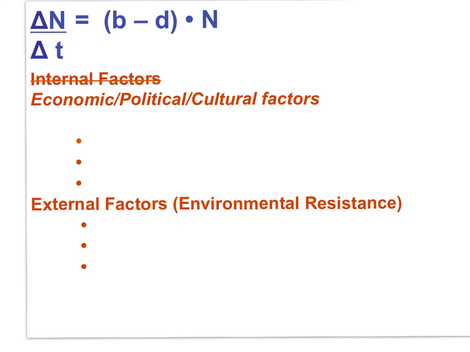The factors that influence the natural increase rate of human populations, particularly the birth rates, are far more complex than those that influence the natural increase rate of wild populations. In this slide, I've crossed out the biological factors, the internal factors, because clutch size and age of reproductive maturity are not very important in the growth of human populations, not nearly as important as the economic, political, and cultural factors that I've covered in the last 10 slides here.